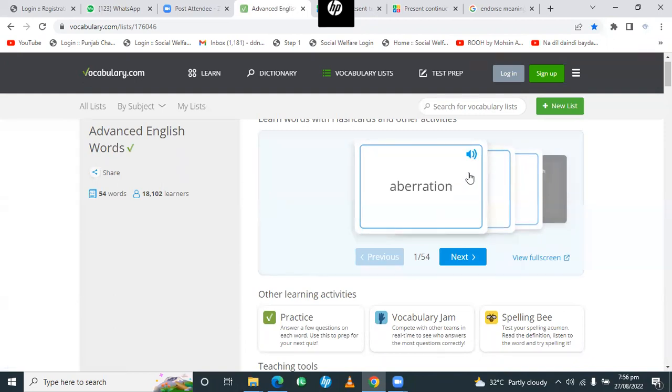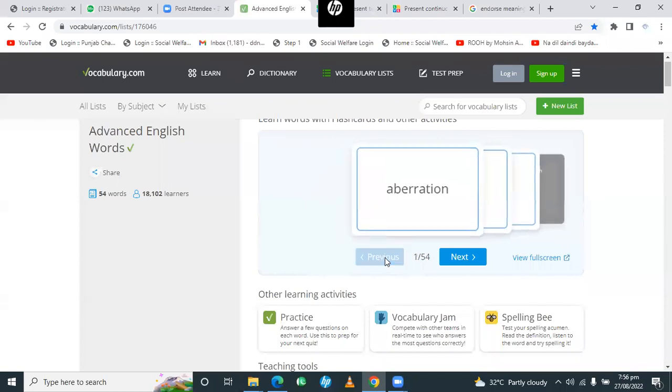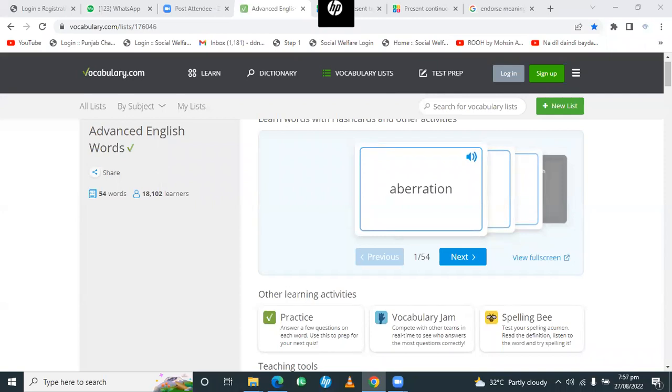So you can listen to the pronunciation from here. There are 54 words and 54 flashcards. Clear? For your convenience, 54 words and 54 pronunciations. But now you have to search for the synonyms and all the alternative words by yourself.